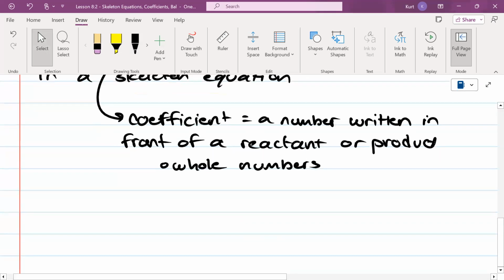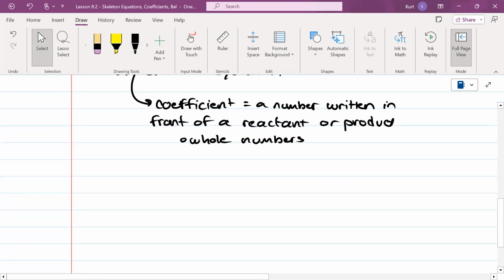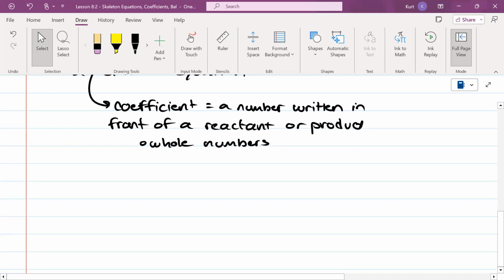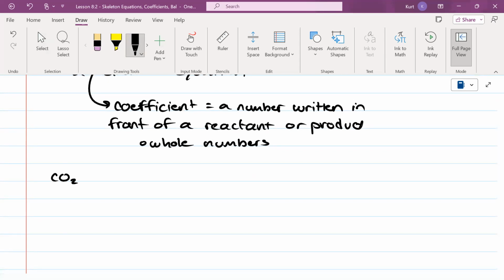So I'm going to give you guys one that I know you've seen from your freshman bio days. Ready? Watch this. Okay. What does that look like to you? What is that equation for? That is photosynthesis. Very good.